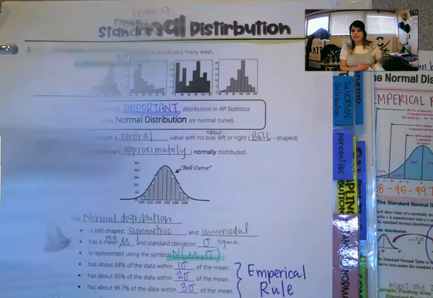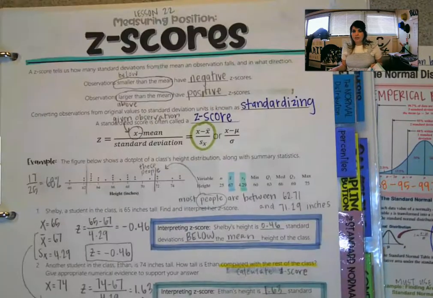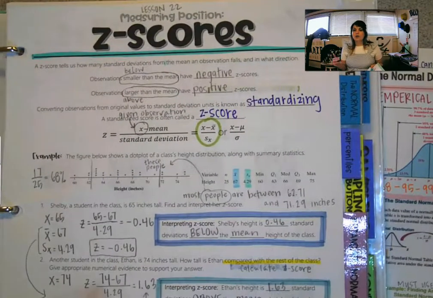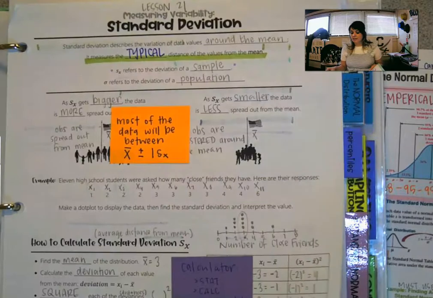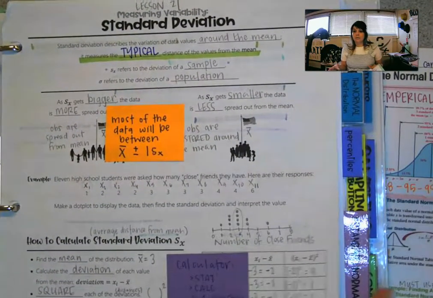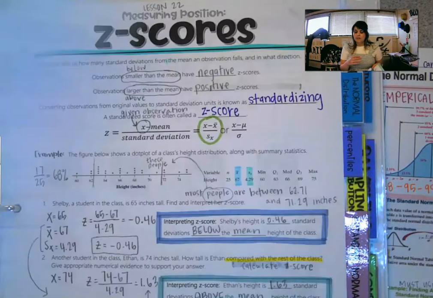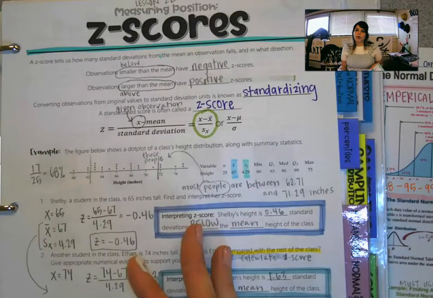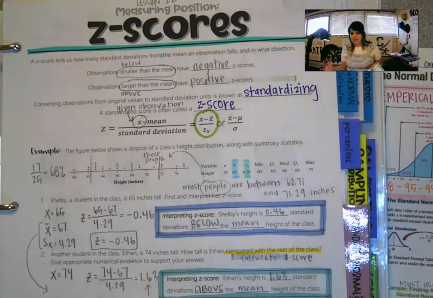Then we went into z-scores because z-scores is how you express an observation in terms of standard deviations. So standard deviation is the variation around the mean, or oftentimes around the center of your data. Z-scores tell you how many standard deviations away an observation is from the mean.